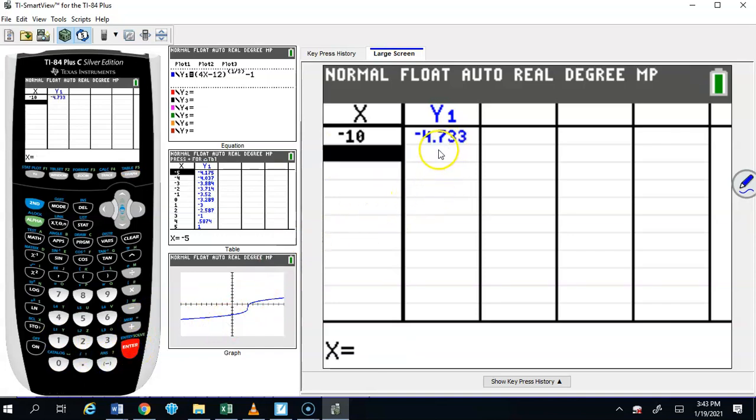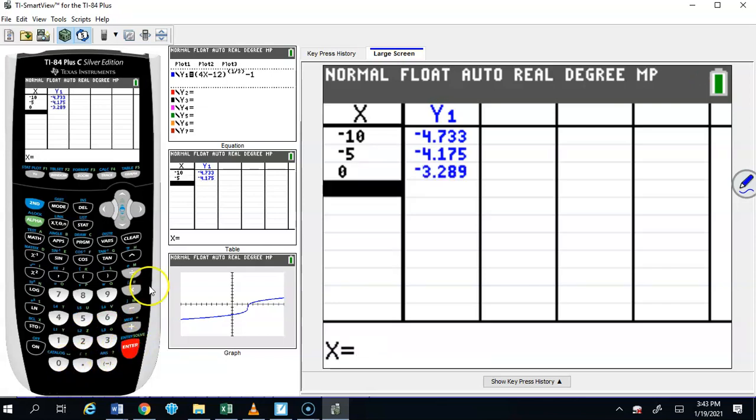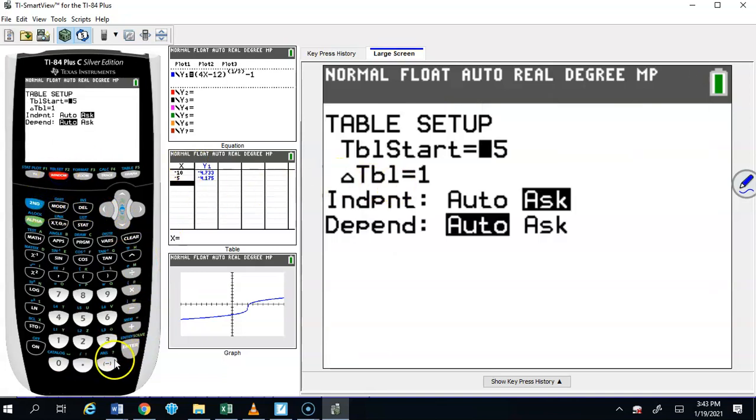See, it computes the value for me. And then if I want to do -5, which is in the middle somewhere, I can do that. And then let's say I want to put 0. I could also go to second window, table set, and set this to -10, and have it build the table for me, if I don't know what values to put in here.